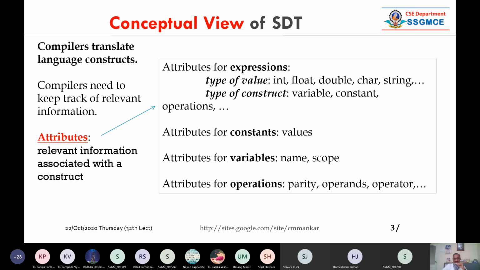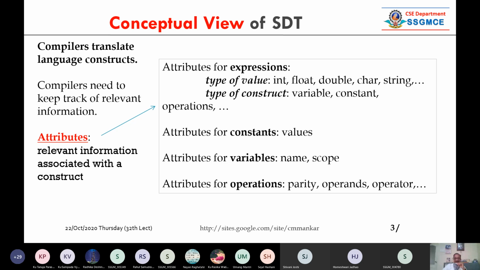Then data types can be integer, float, double, character, record, string, tree, or array. Arrays might be one dimensional, two dimensional, or whatever. All the information about the variables is stored. So variables have attributes. That is what we are going to learn through this slide.